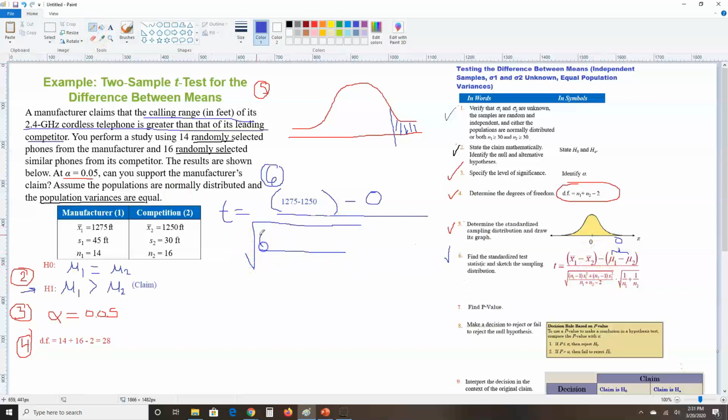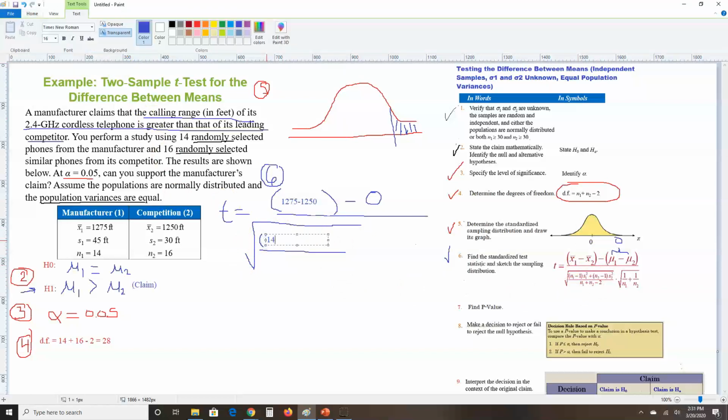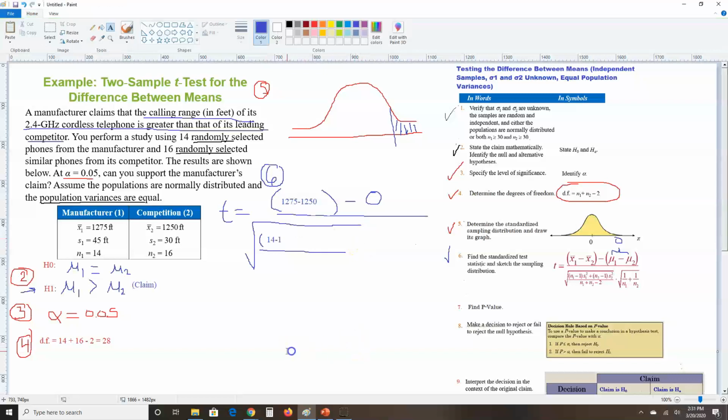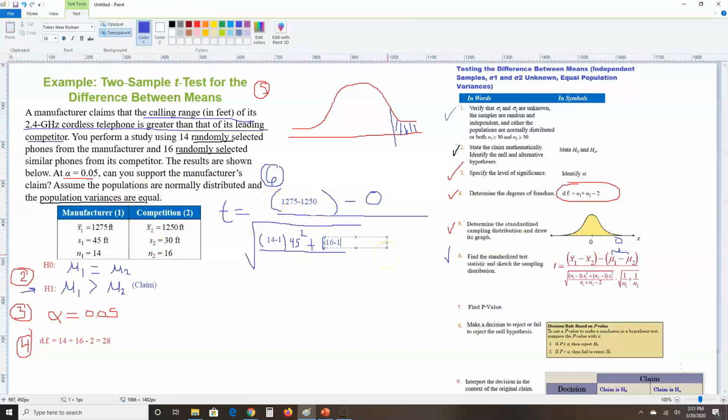So in my first parentheses, I have n1 minus 1. So I have 14 minus 1. Close the parentheses. And I'm going to multiply that by S1 squared. I'm sorry, S1, which is 45. And I'm going to square that. Then plus, now I'm going to do n2 minus 1. So who's my n2? My n2 is 16 minus 1.